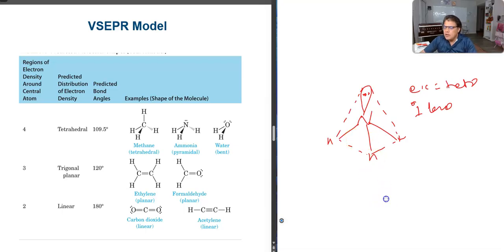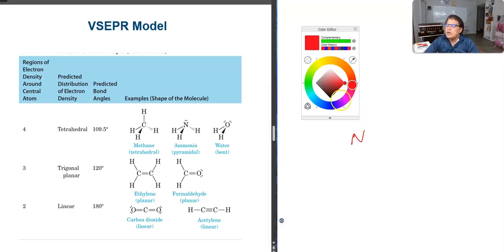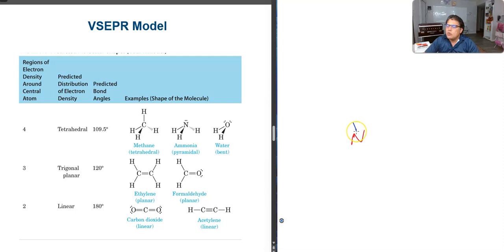Okay, now let me show you something. Nitrogen here has one lone pair, right? Let me make the lone pair here. One hydrogen is here, another hydrogen is here, and another hydrogen is here.